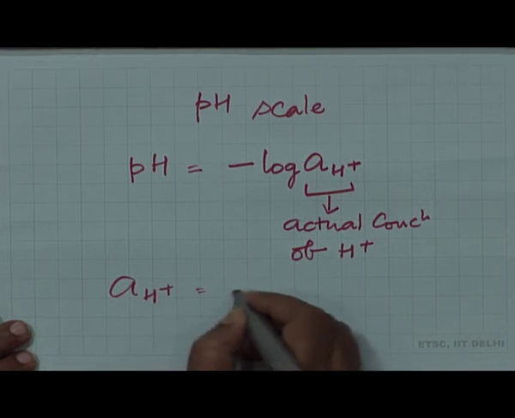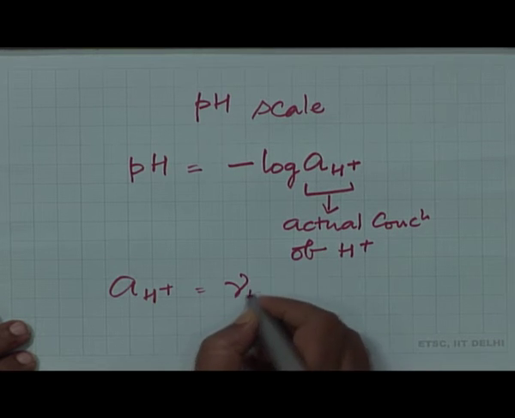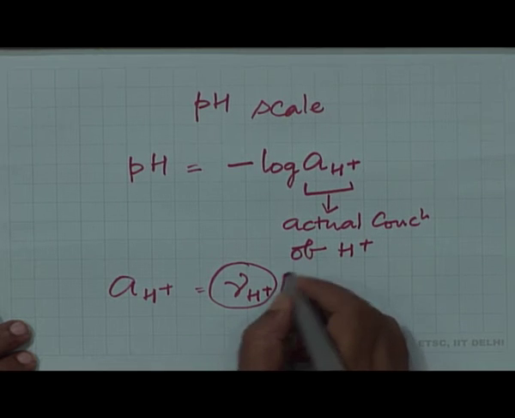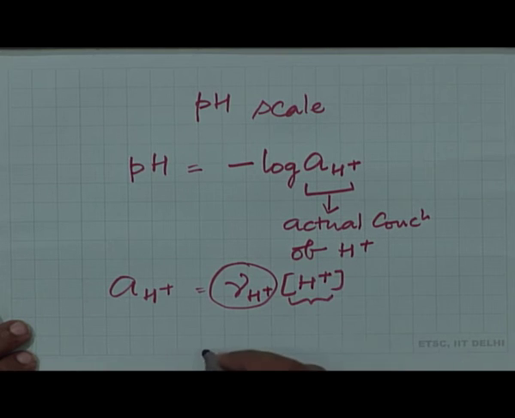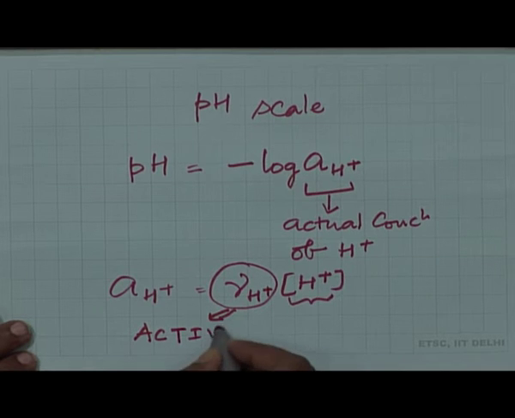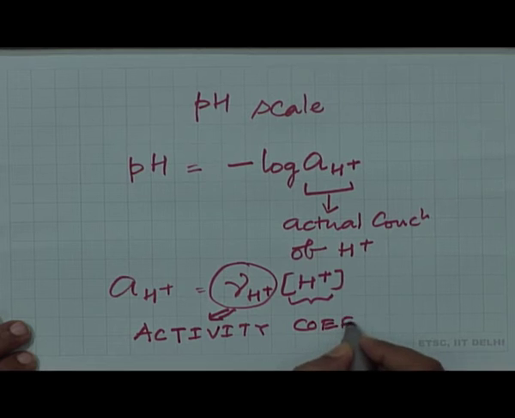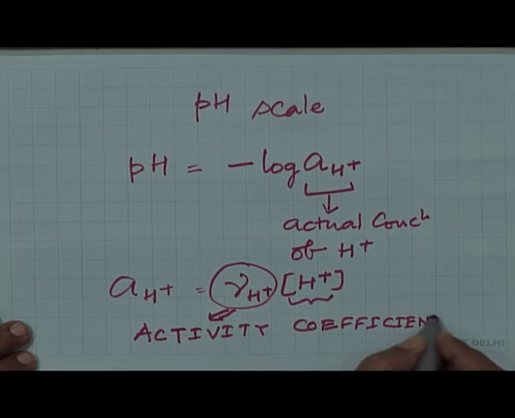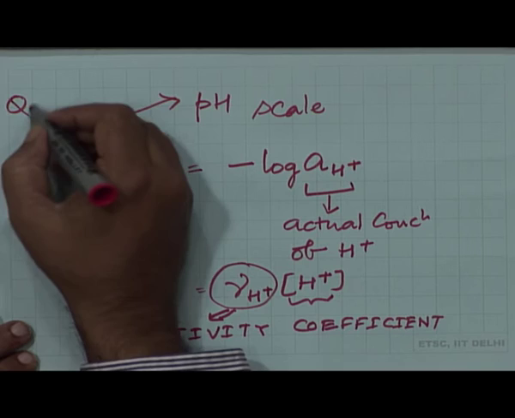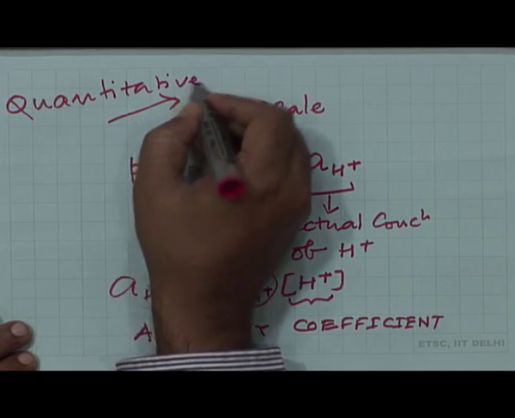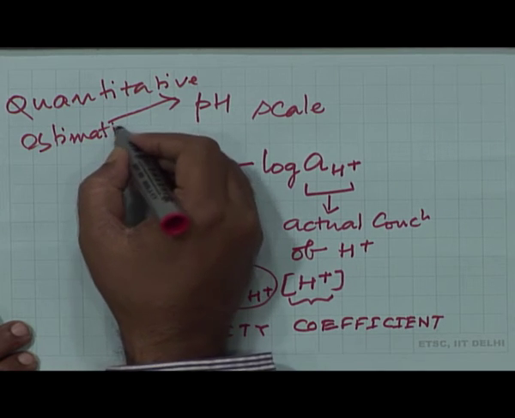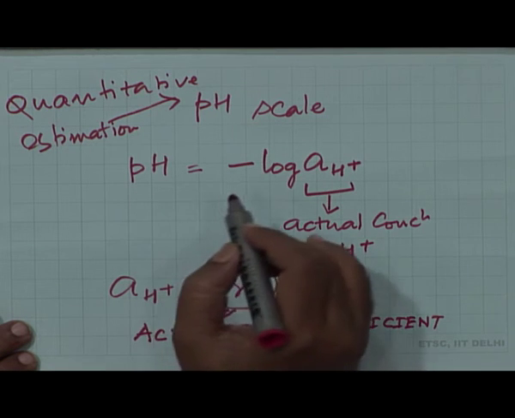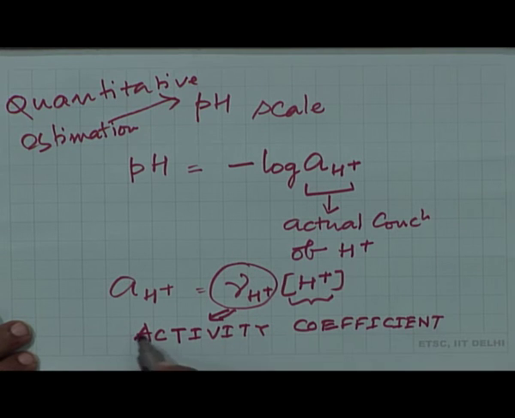Activity is defined as the product of two different quantities: the activity coefficient, gamma H+, and the concentration in molarity of H+ ion. So, the pH scale is used for quantitative estimation of acidity and basicity, and this is given by minus log activity of H+, where activity of H+ is gamma H+ times the concentration of H+ ion.